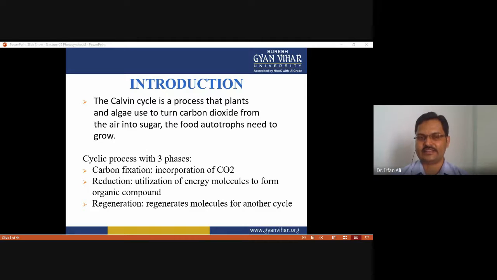The third stage is regeneration, which regenerates the molecule for another cycle. Because this is a cycle, it must regenerate a molecule so that the cycle continues and the next molecule of carbon dioxide can be fixed.